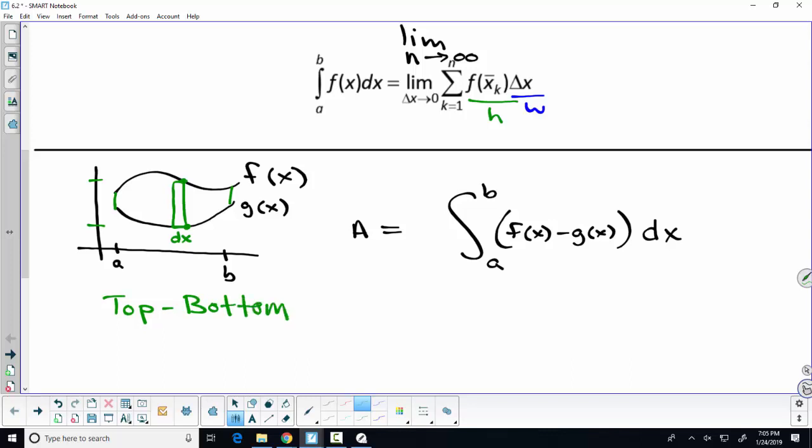In this instance, the height is measured by the top minus the bottom. This stuff does come back again, like I said, in 6.3 and 6.4.